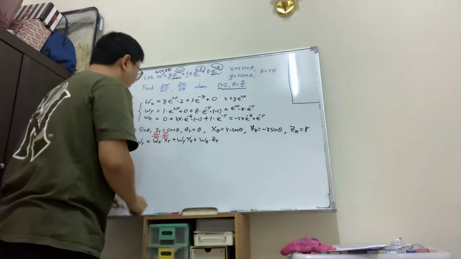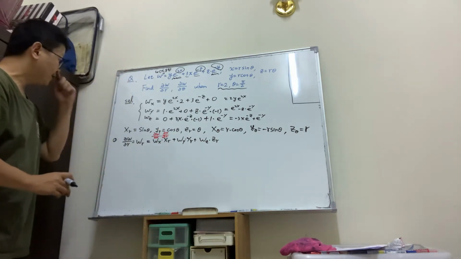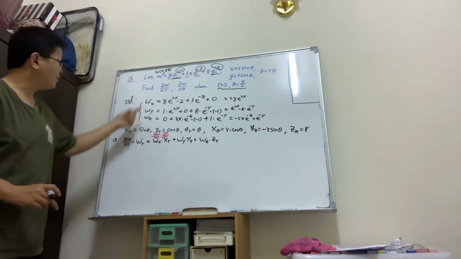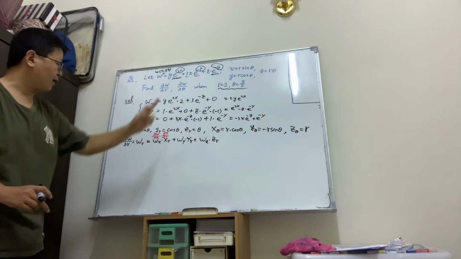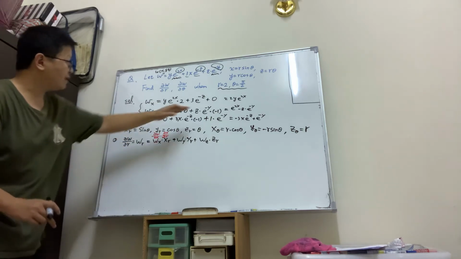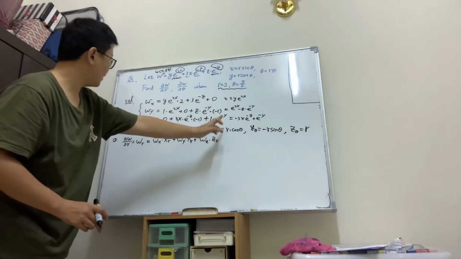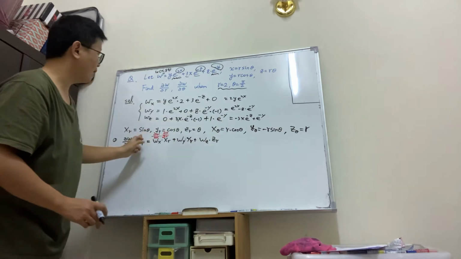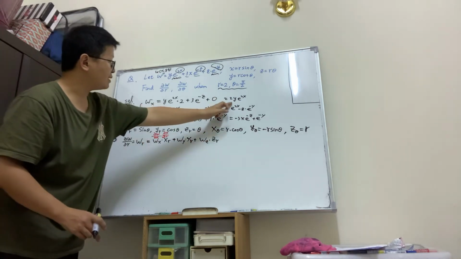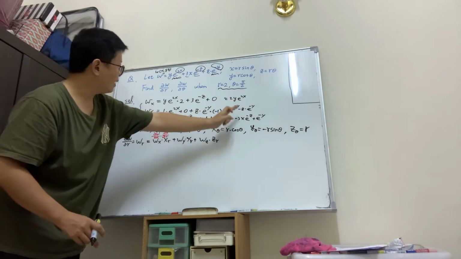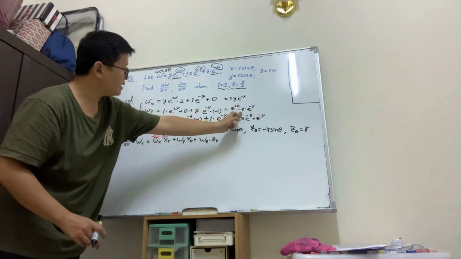Okay, but now we still have one problem. Now we want to plug in the value r equals 2 and theta equals pi over 2. But when we plug in the values, Ws is this one, Xi is this one. But when we plug in the value r and theta, this part is related to x and y and yg, right?